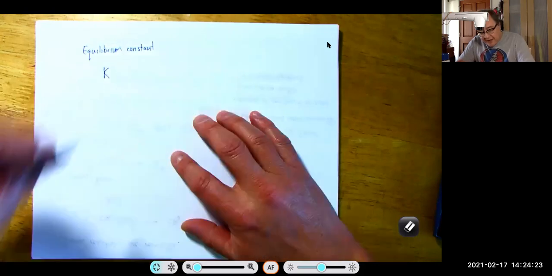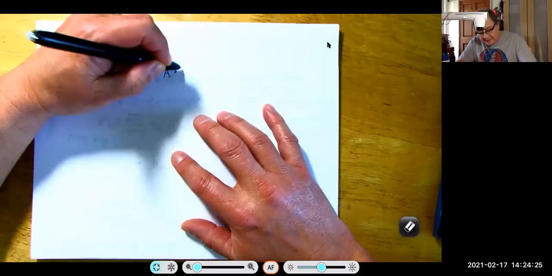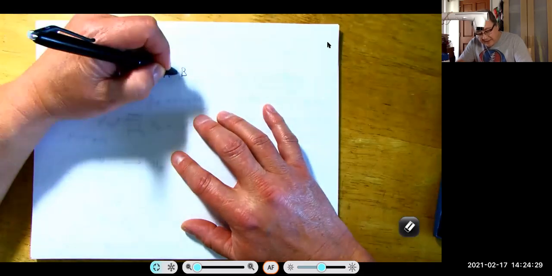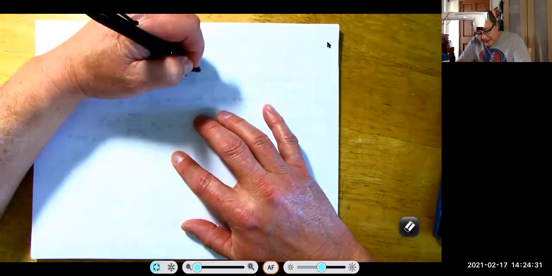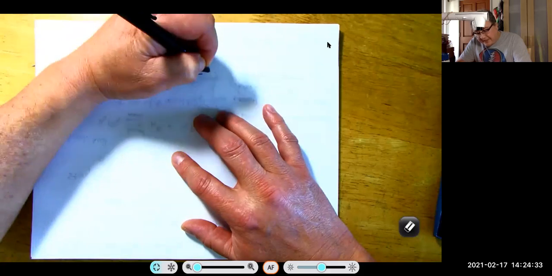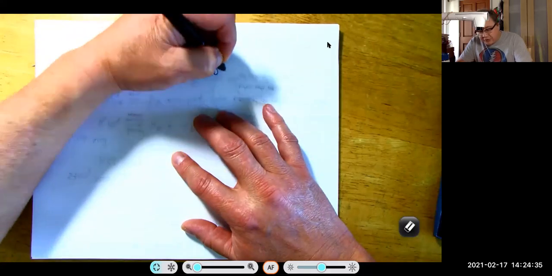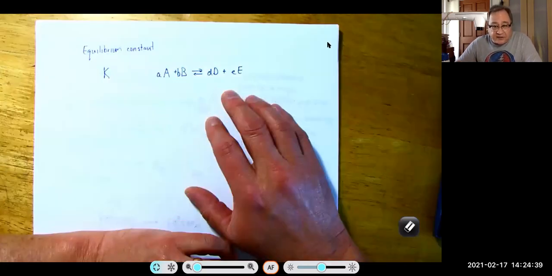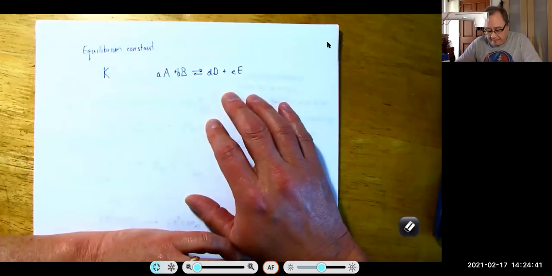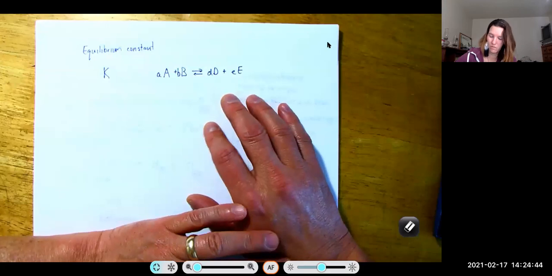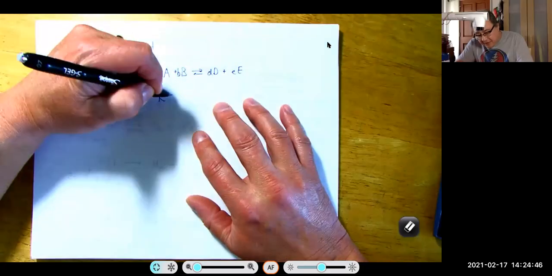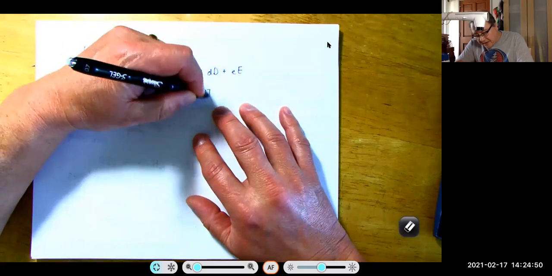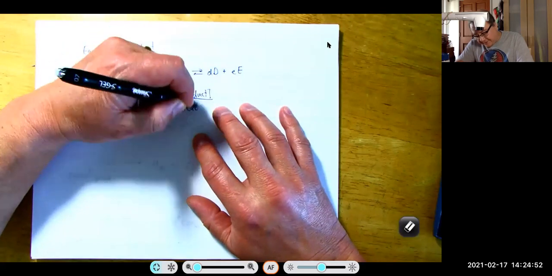So you have A plus B, and actually I'm going to make this a A, b B, d D, and e E. I don't use C because uppercase C and lowercase c look the same. So K is basically the amount of products divided by the amount of reactants.